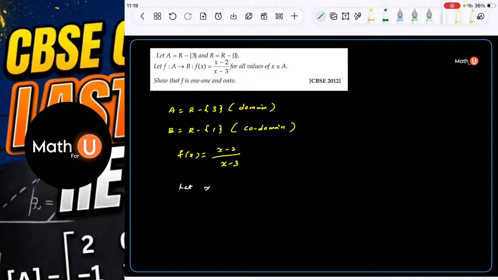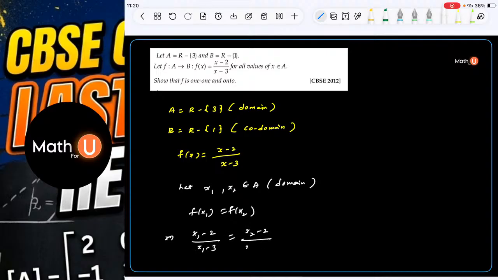Let x1, x2 belong to A, the domain. Then f of x1 equal to f of x2. What is f of x1? x1 minus 2 by x1 minus 3 is equal to x2 minus 2 by x2 minus 3. Just cross multiply, we get x1 minus 2 into x2 minus 3 equal to x2 minus 2 into x1 minus 3.